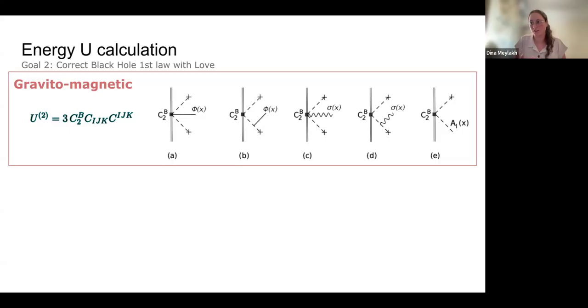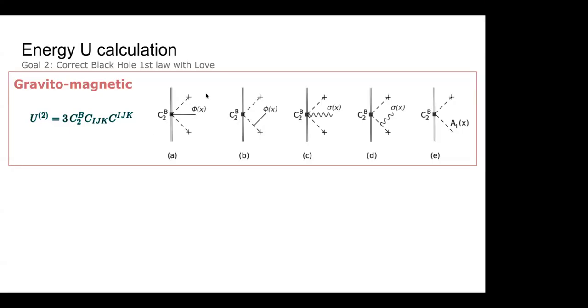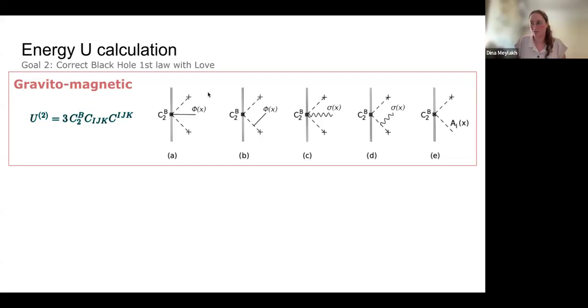Here we focus on the interactions that correspond to the magnetic love number. The x's are the background insertions. Let's focus on this diagram. It corresponds to two background insertions interacting with the black hole and correcting the phi field. So we can attach this to a propagator and just calculate the correction to the phi field at any point in space.